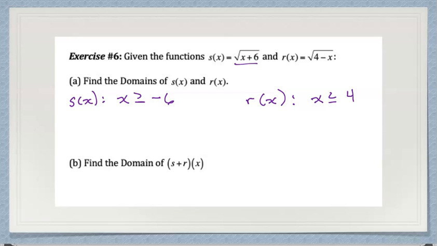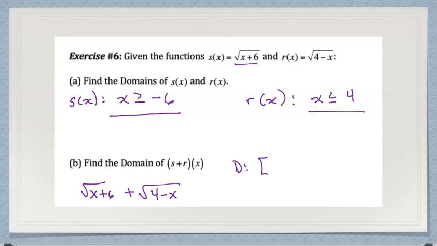If I'm going to combine these 2 functions together, if I'm looking at this s plus r of x, what I have is the square root of x plus 6 plus the square root of 4 minus x. My domain is limited to the domains of the 2 functions that I just combined. So the domain of this new combined function is going to be all x greater than or equal to negative 6 and all x less than or equal to 4.